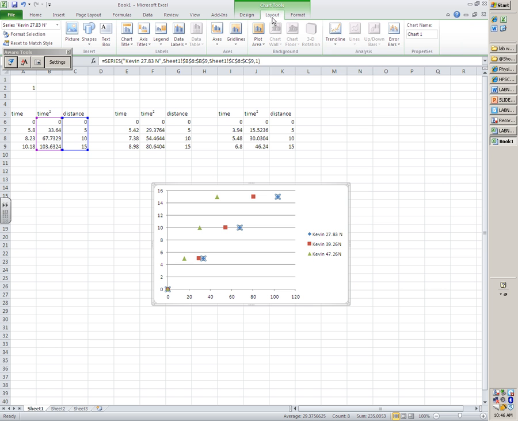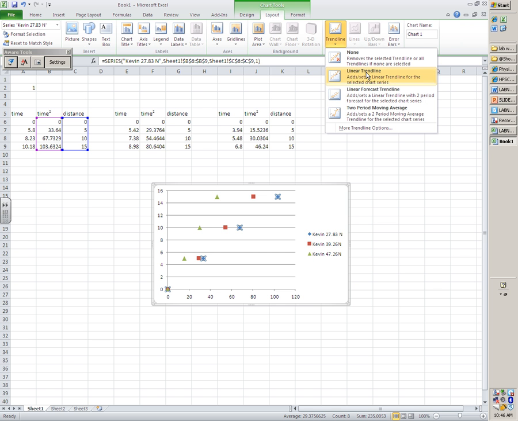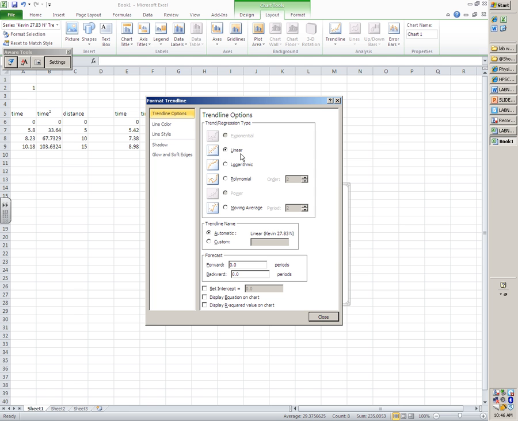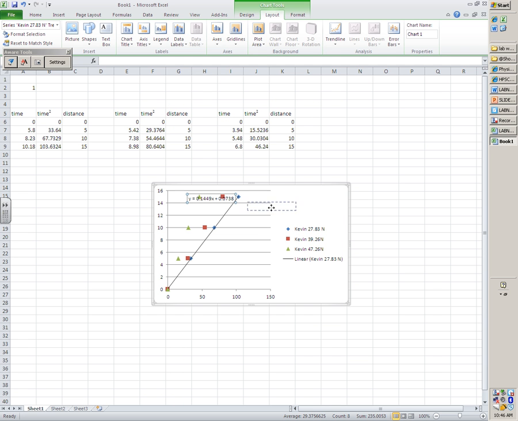Okay. Now, I can go in, and I can click each of these sets of dots separately, and I can go up and add their own trend lines. I want a linear trend line. If I display the equation on chart, that little box down there, that will give me information about this trend line, like its slope, which is kind of important. And I can do that separately for each of the three graphs.